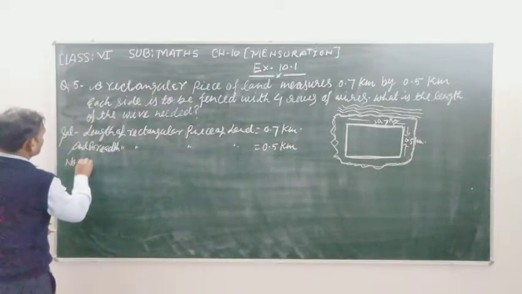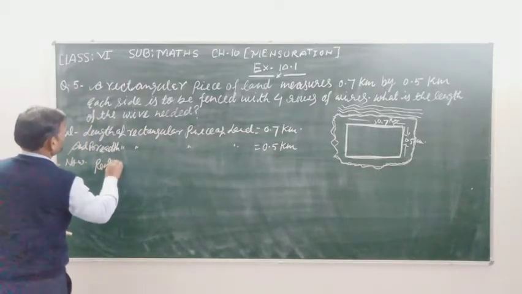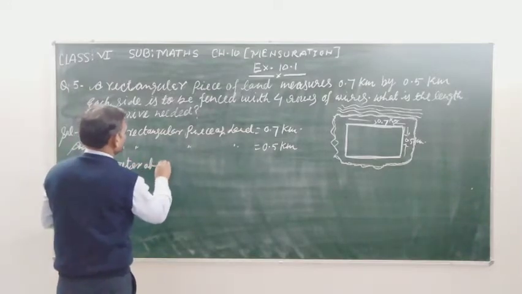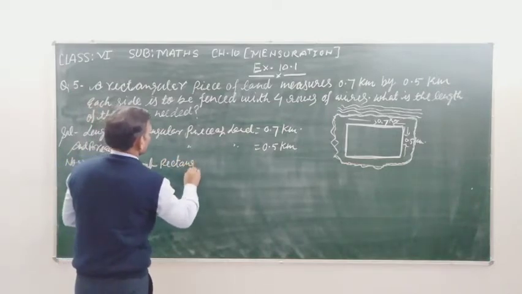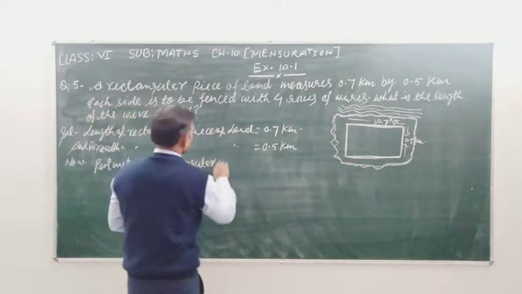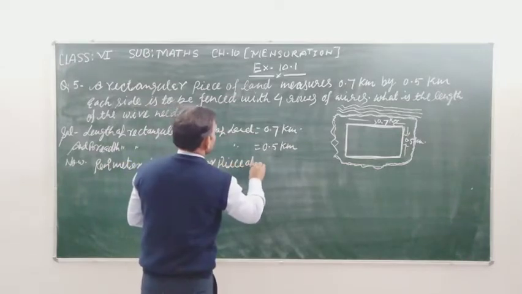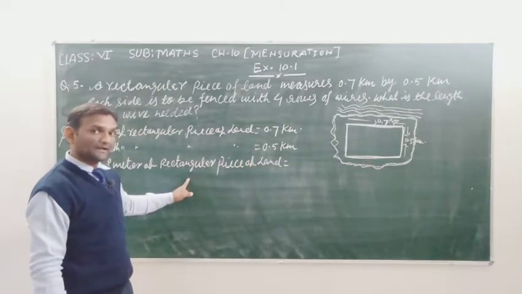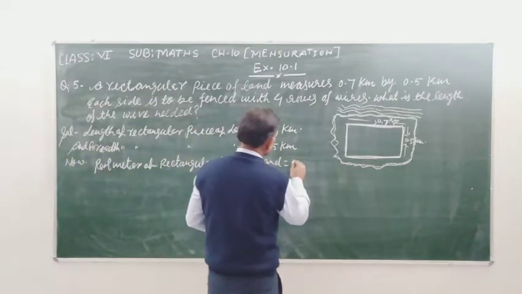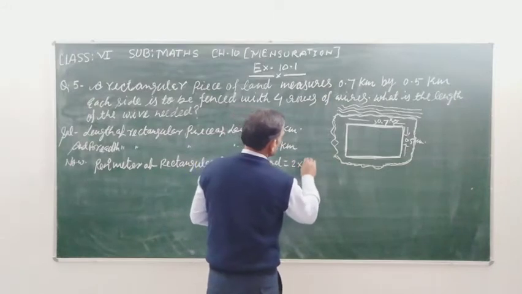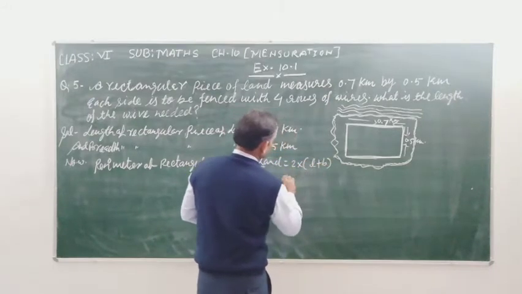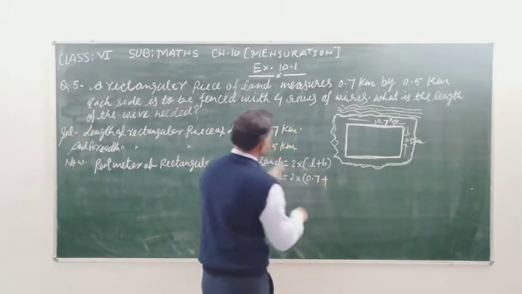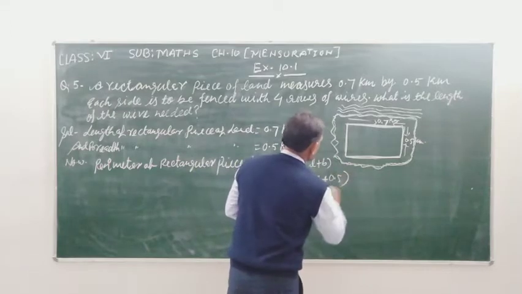Now perimeter of rectangular piece of land is equal to, land is in the form of rectangle, so we use the formula of the rectangle for finding the perimeter. 2 into length plus breadth. 2 into length is, student, 0.7 plus breadth is 0.5 kilometer.